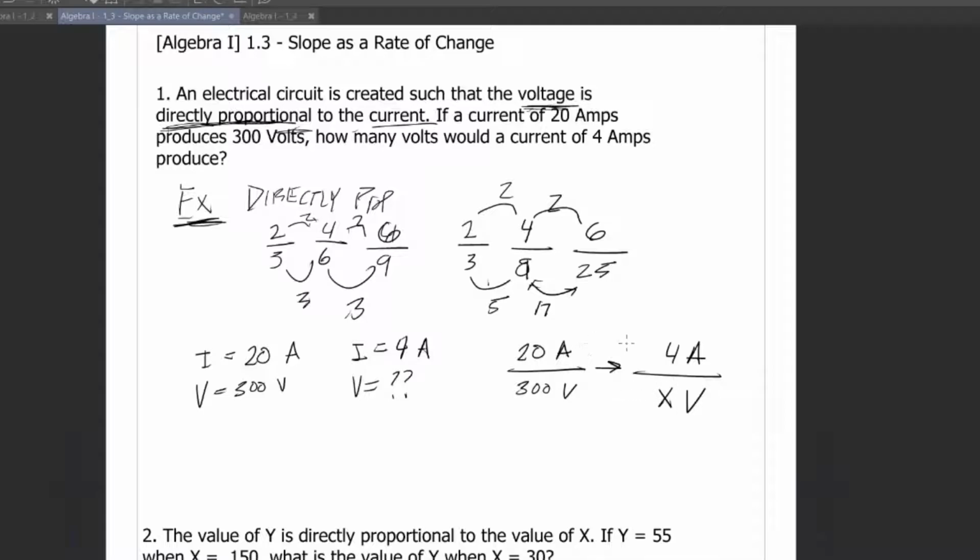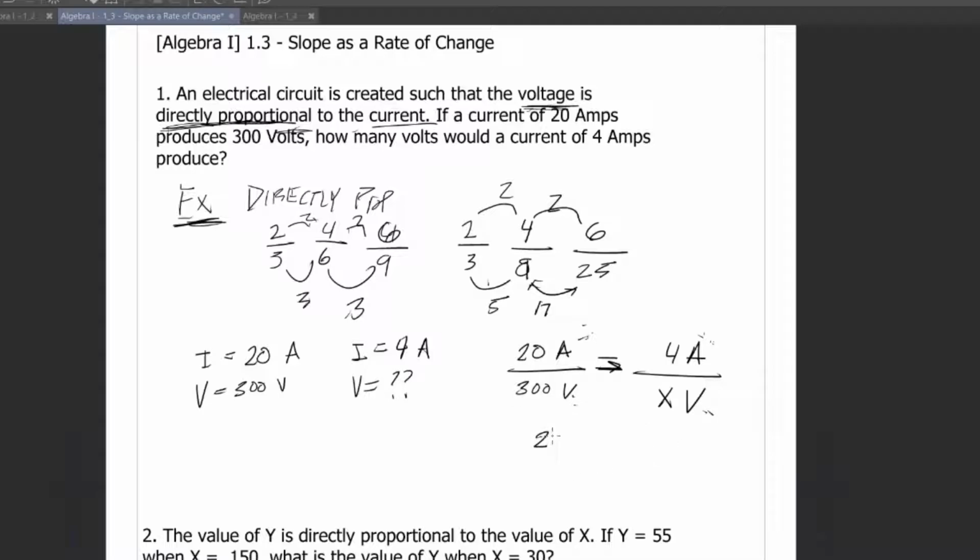We know this is a directly proportional relationship as explained up here. So we can say that these two are equal since they are scaling. The current up here is scaling at an equivalent rate to the voltage at the bottom, right?